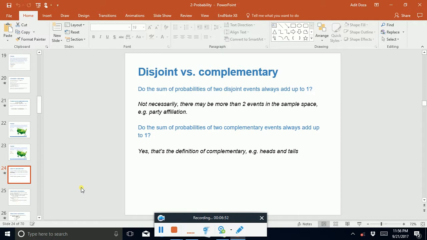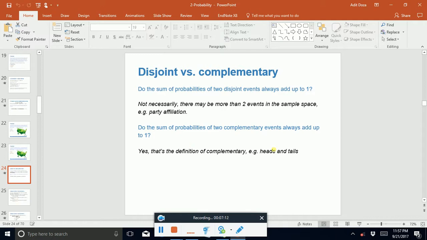So disjoint versus complementary. Do the sum of probabilities of two disjoint events always add up to 1? Not necessarily. There may be more than two events in the sample space. Right? An example is party affiliation. Do the sum of probabilities of two complementary events always add up to 1? This is definitely true.